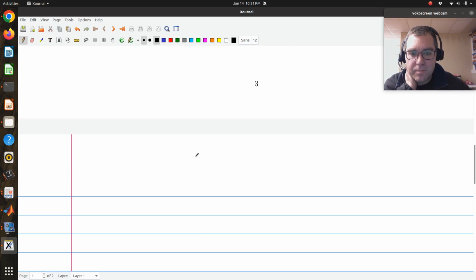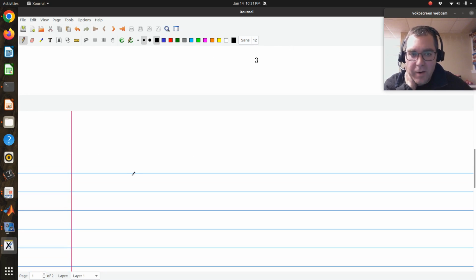So how we're going to compute this is, I know my first law: ΔU is equal to Q plus W. Now if I write this in differential form, dU is equal to δQ plus δW.